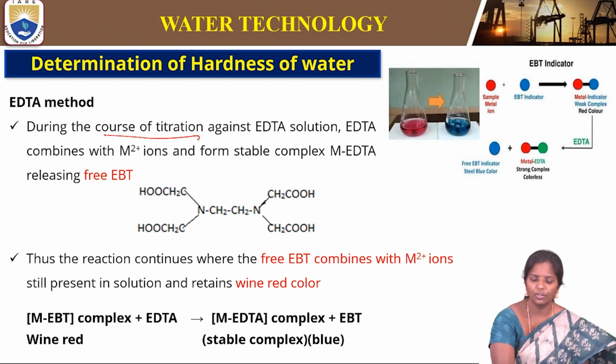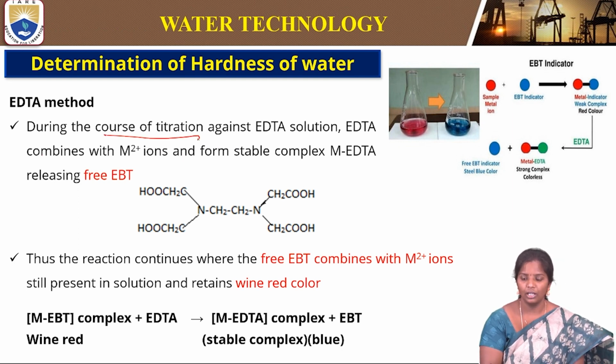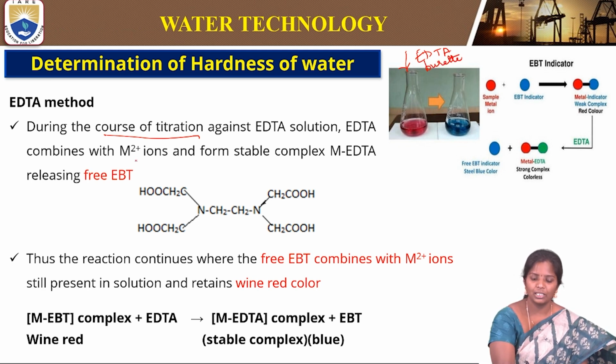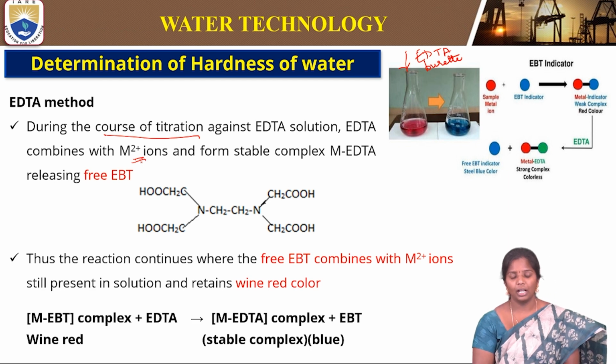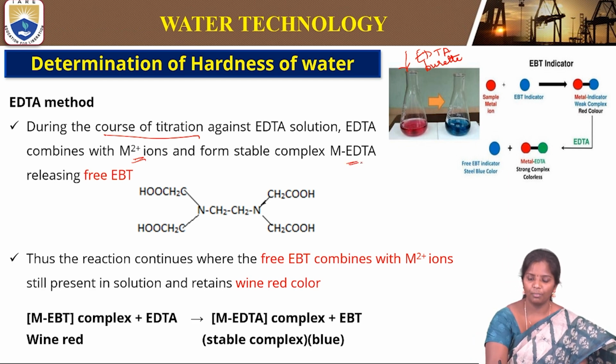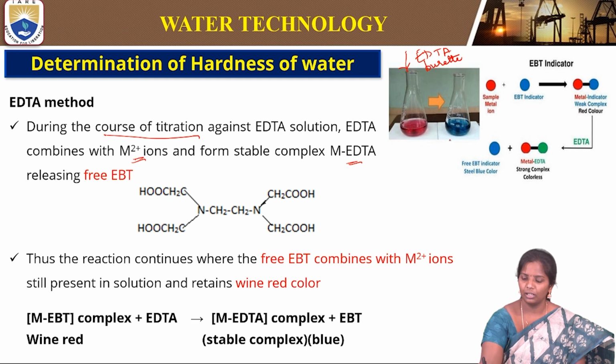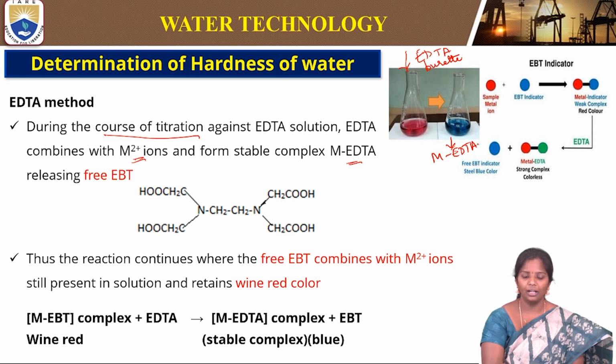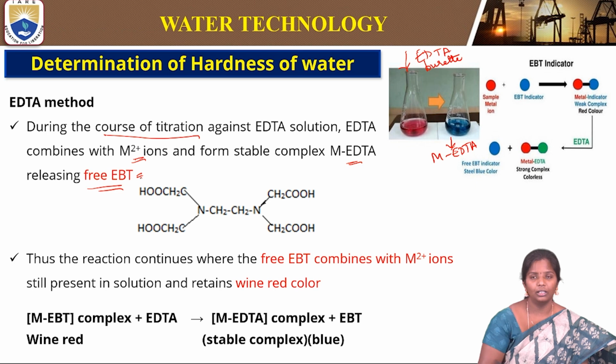During the course of titration against EDTA, EDTA is added from the burette. EDTA combines with metal ions and forms a stable metal EDTA complex, releasing free indicator, the Eriochrome Black T indicator.